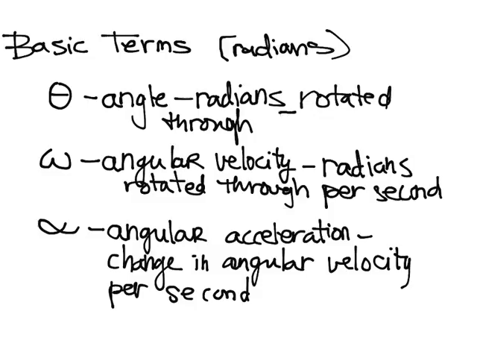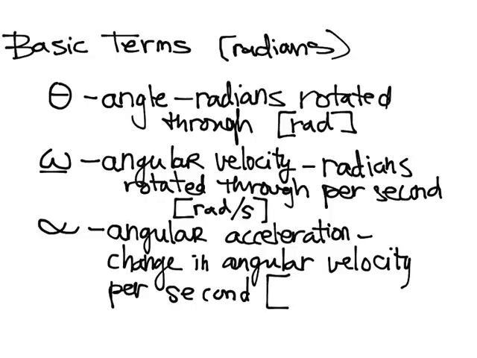Okay, so the units: theta is just going to be in radians, omega, your angular velocity, will be in radians per second, and of course your angular acceleration will be in radians per second squared.